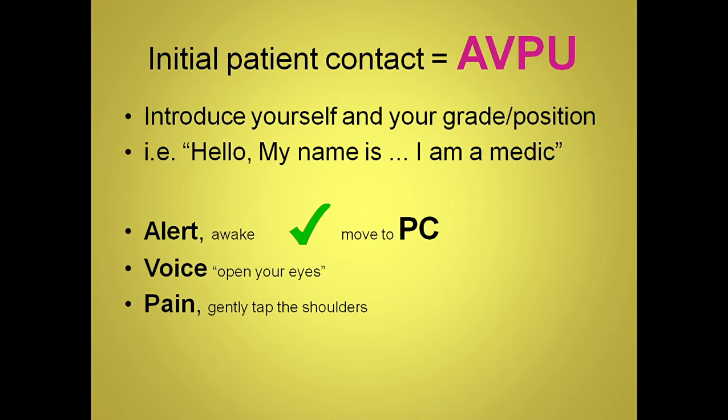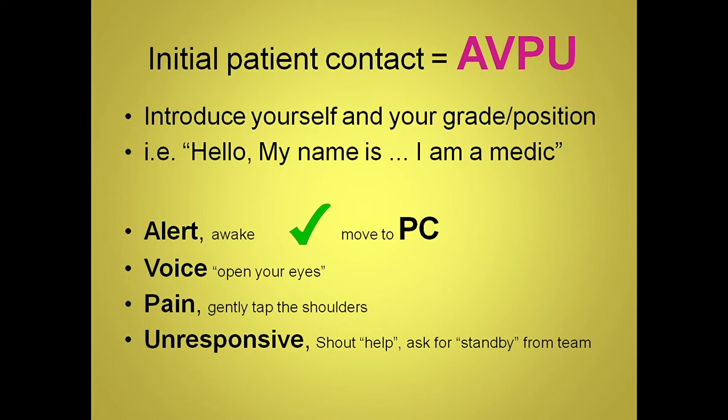If potentially that patient has got a cervical spine injury, a C-spine injury, we don't want to be exacerbating that injury whatsoever. If we get no reaction from the patient after talking to them, giving them a voice command, giving them that pain, then we classify them as being unresponsive.